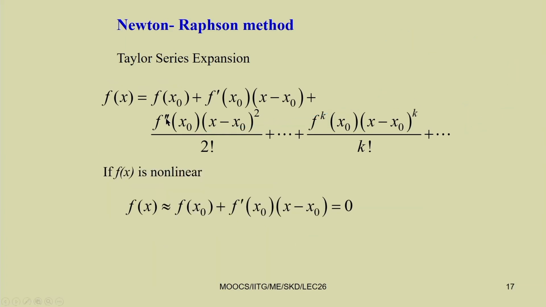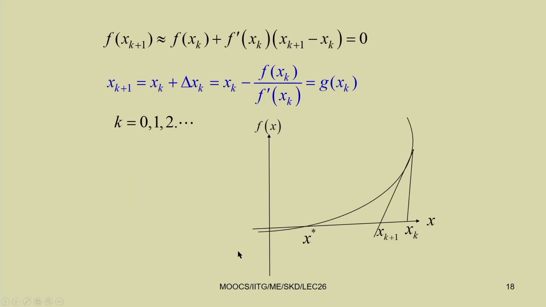If it is nonlinear, in that case again we can use the first two terms and approximate the solution f(x) nearly equal to f(x0) plus f'(x0)(x minus x0). So, we have to find the next point. For example, this is the function. We will take the point xk, let us choose a point here and then we draw the tangent to this curve.